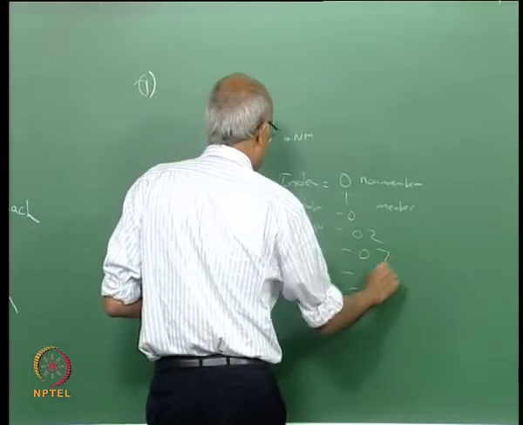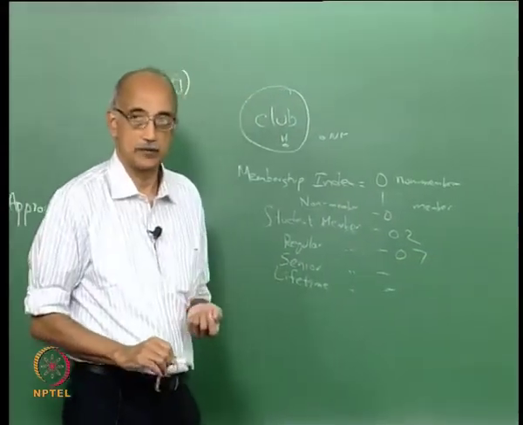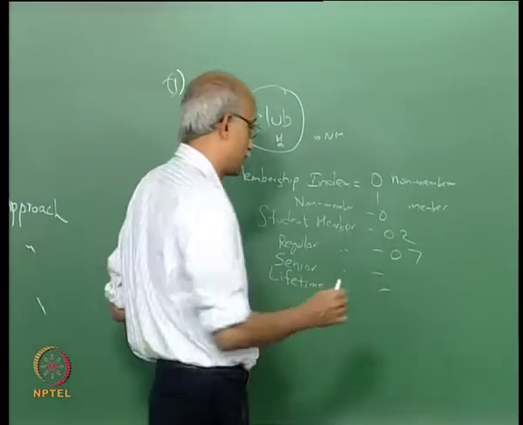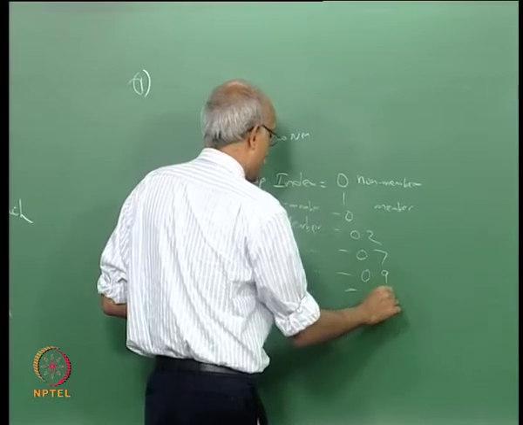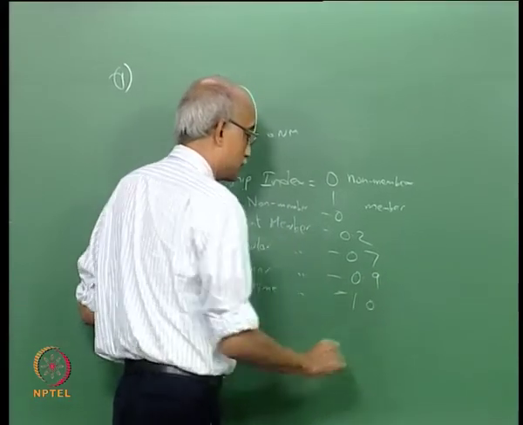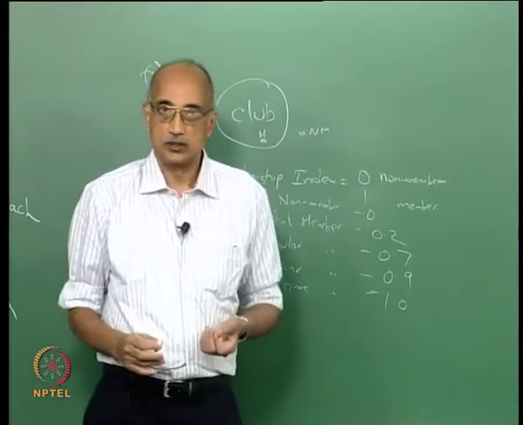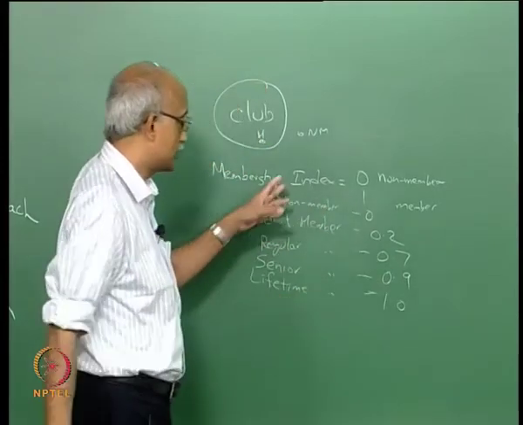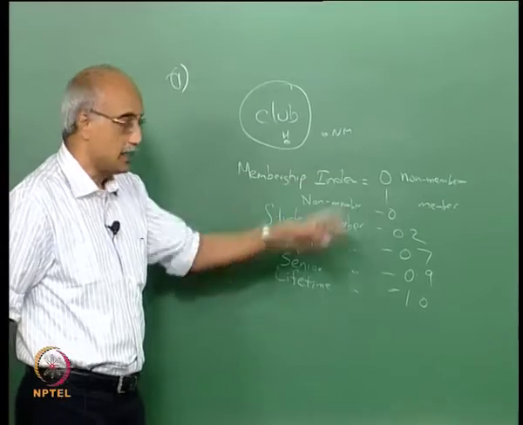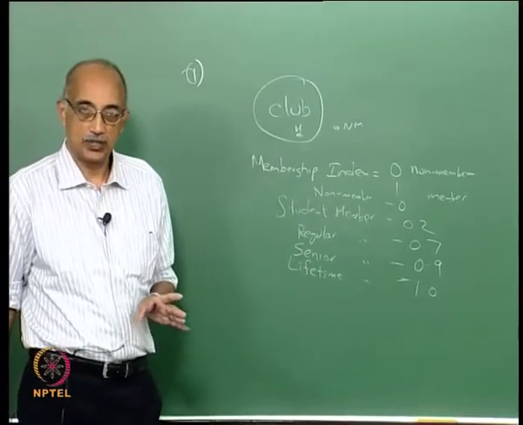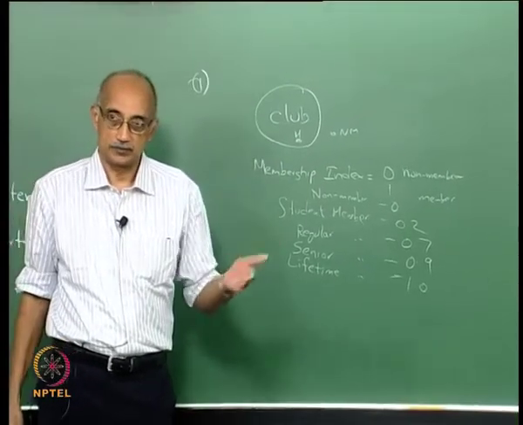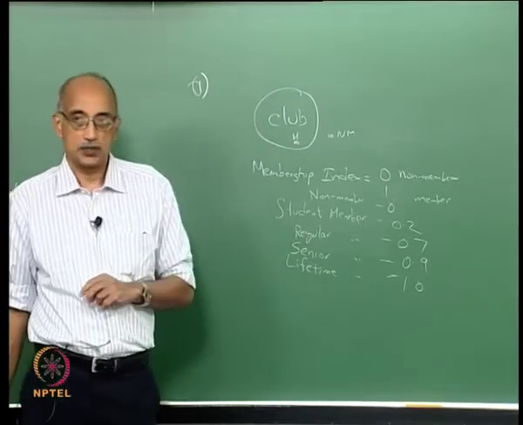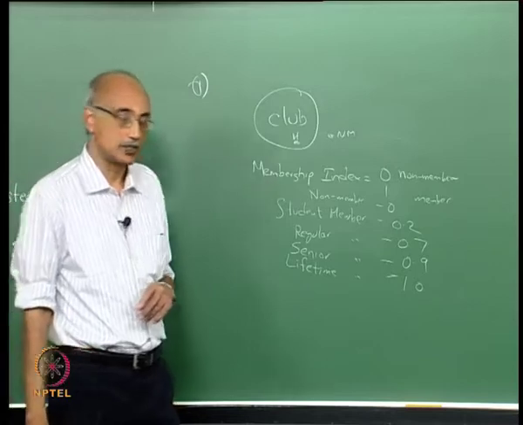So this may be a membership index of 0.7, and let's say that as a senior member you get 90% of the benefits, but you really have to be a lifetime member or a founder member to get all the benefits, right? So here what we have done is change this from a binary system of membership to essentially a continuum of membership, and this type of membership concept is known as fuzzy membership.